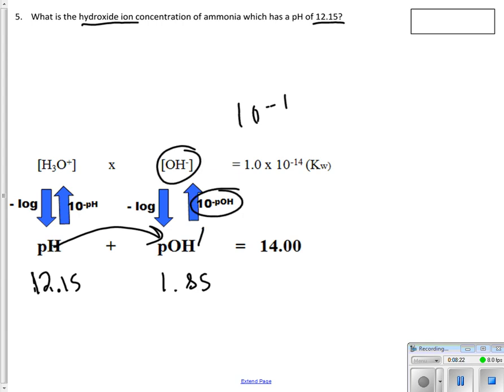So when I punch it in there, I go 10 to the negative 1.85. I'm going to get 0.014, and sig fig wise, when I go back up to the top, only the decimal places count. So I have 2 decimal places here, 2 sig figs, so my answer would be 0.014 molarity. That would be my answer of hydroxide ion concentration.